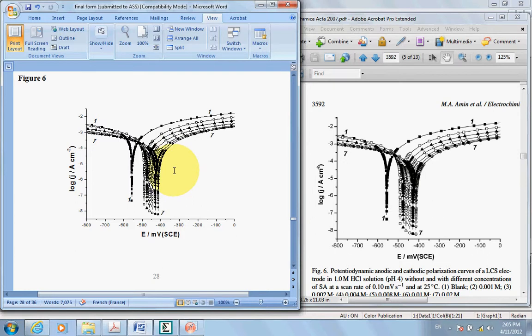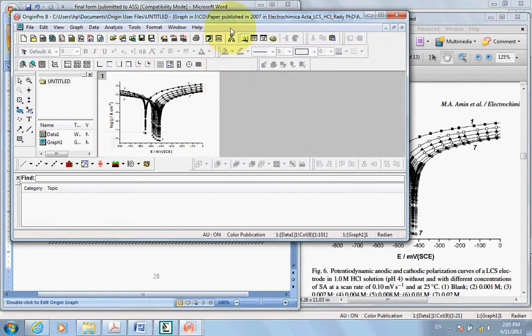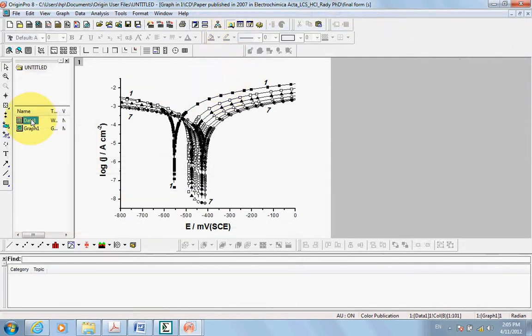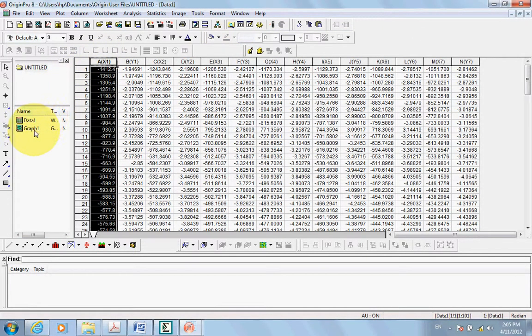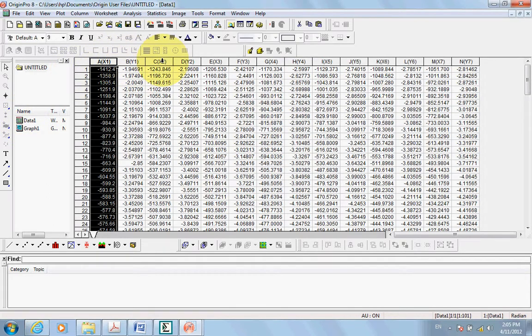If we double click on figure 6 here, we will open the Origin program with the data of figure 6. As we can see here, we have 7 curves, each curve represented by x1, y1, x2, y2, until the 7th curve, x7, y7.